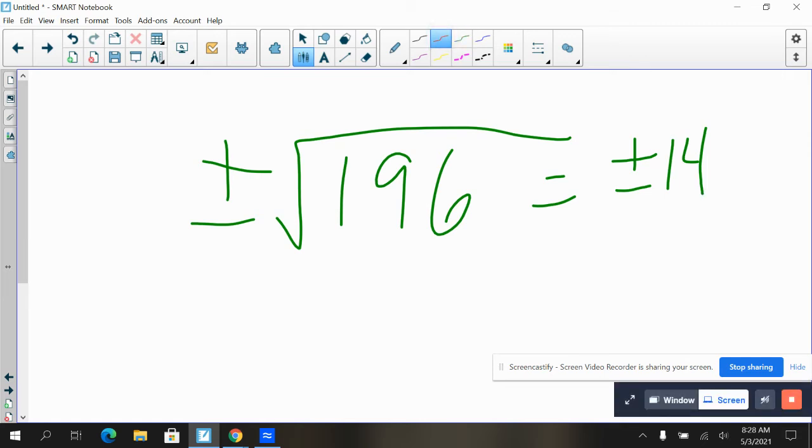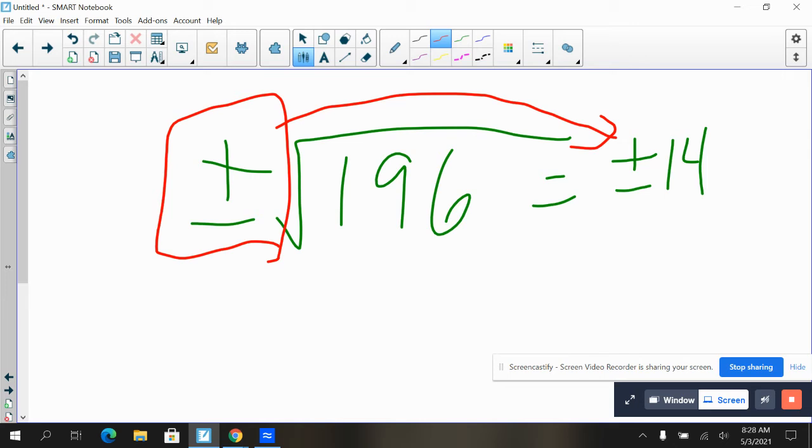Getting the idea here? Whatever the sign is on the outside needs to be carried along over to your square. If it's positive, do you have to do anything to it? No. If it's negative, you got to carry the negative over. If it's plus minus, you got to carry that over to the square. Those signs are very important on the outside of the radical sign, to the left of it.